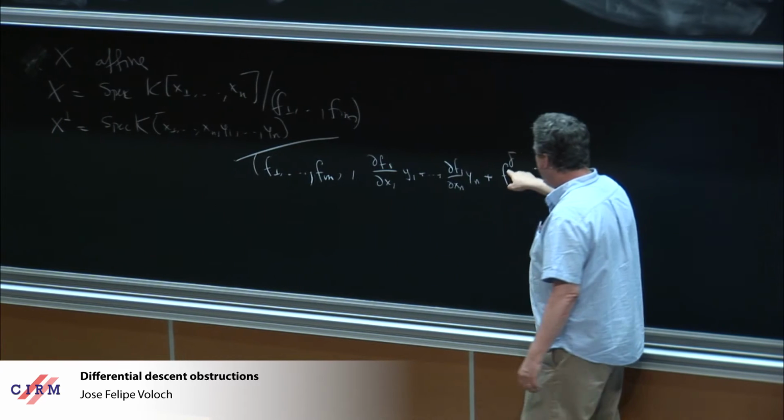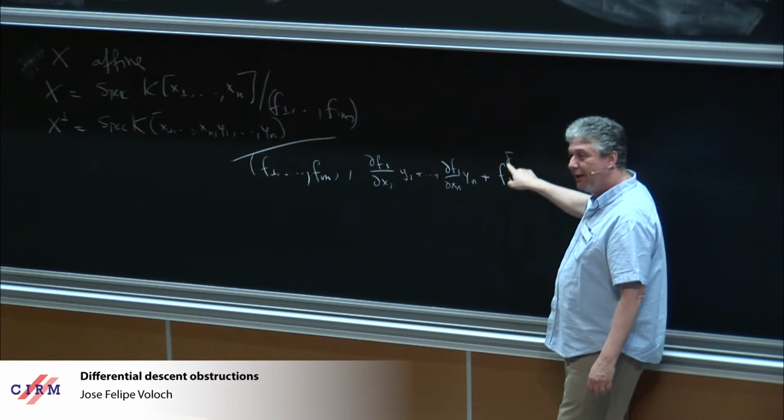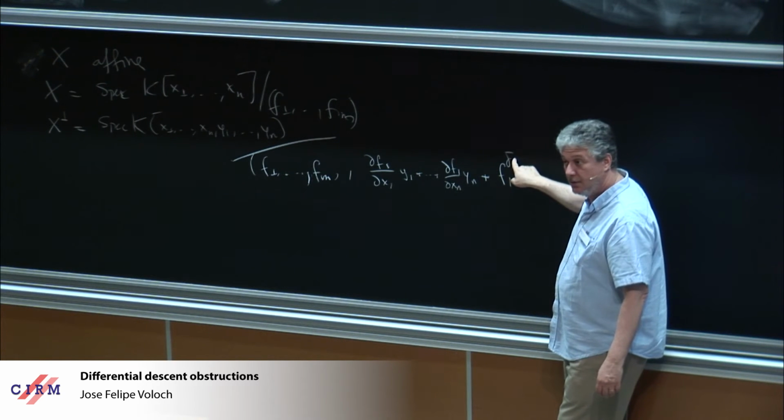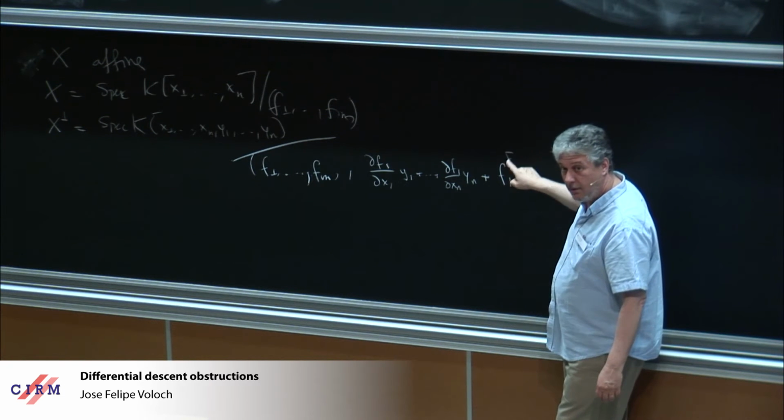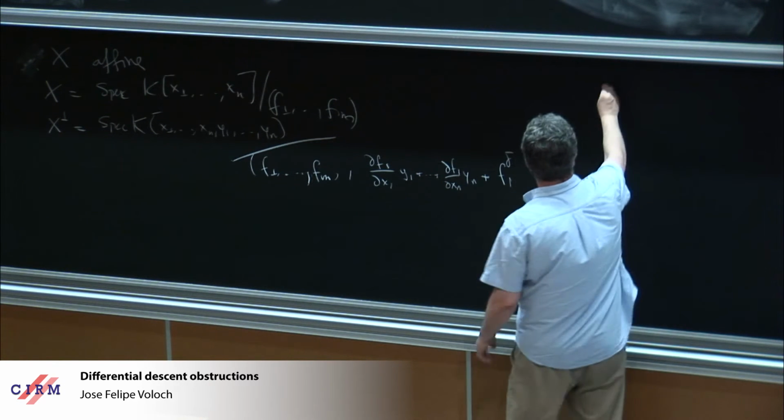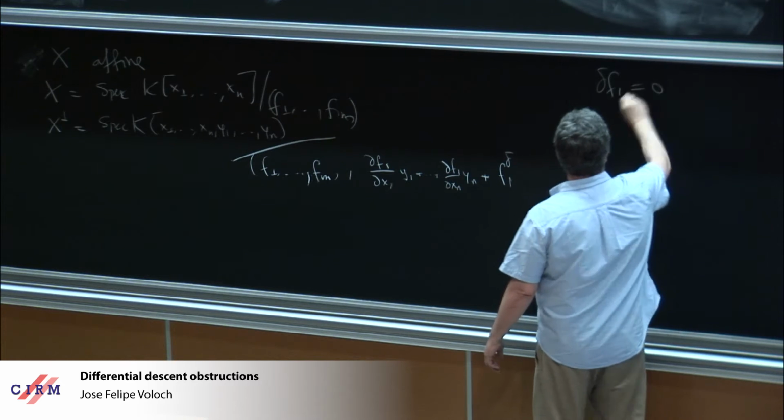And this is the polynomial you get from f1 by differentiating the coefficients. Okay? So this is what you get when you differentiate this equation.